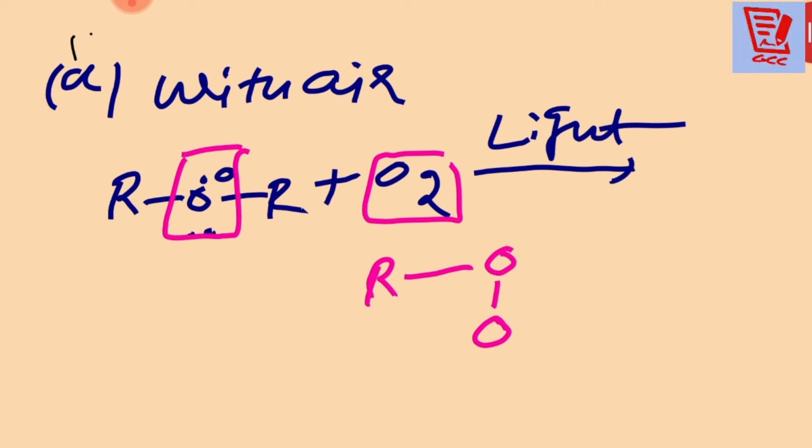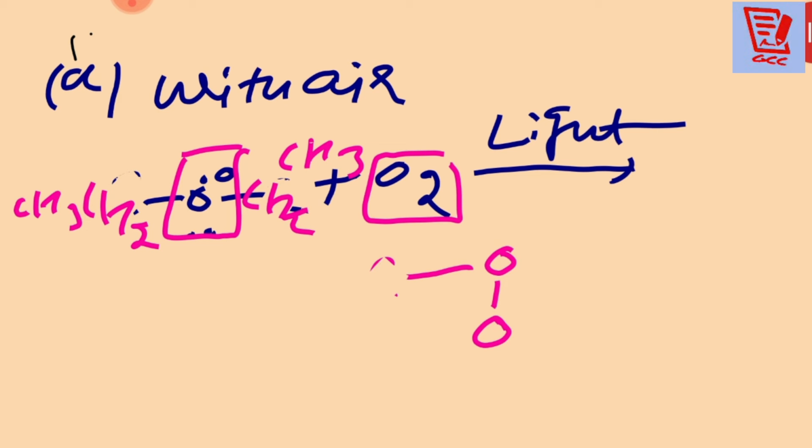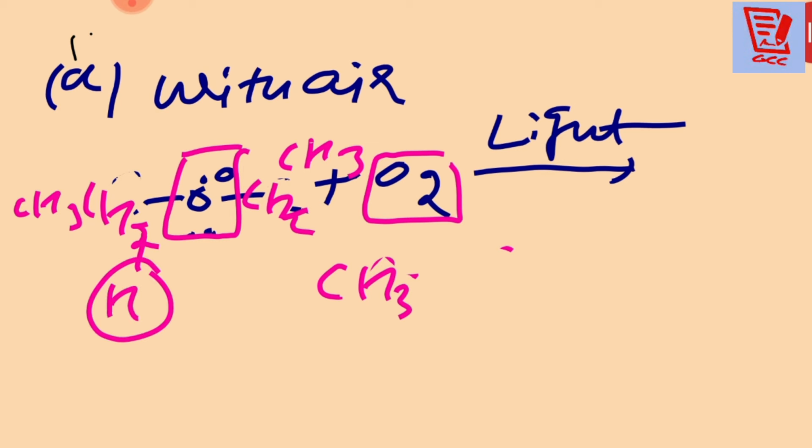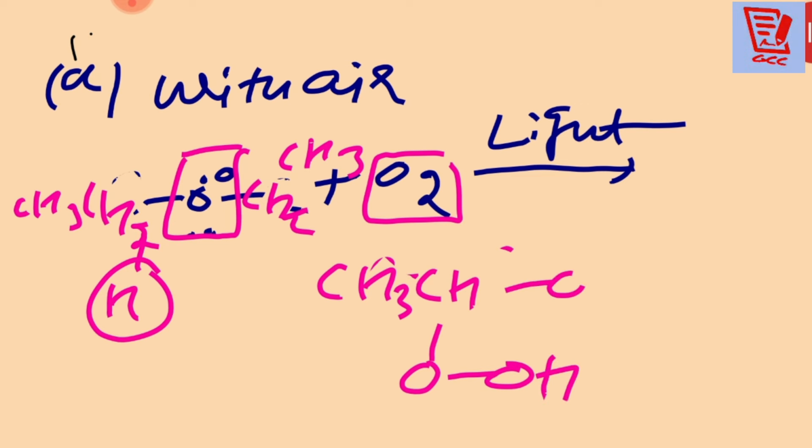Just wait, I will take another example here so you will understand better. I am taking CH3CH2 and here also CH2CH3. Now see what I am writing: one of the hydrogens from there, so it will become CH3CH, then O, OH, then O, CH2CH3.